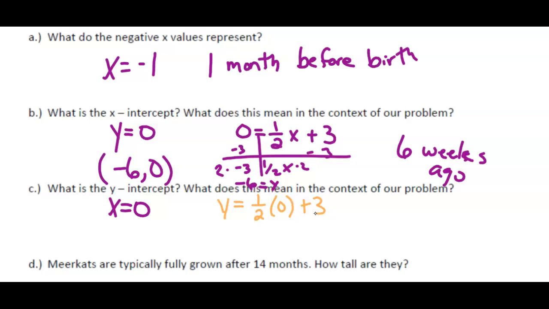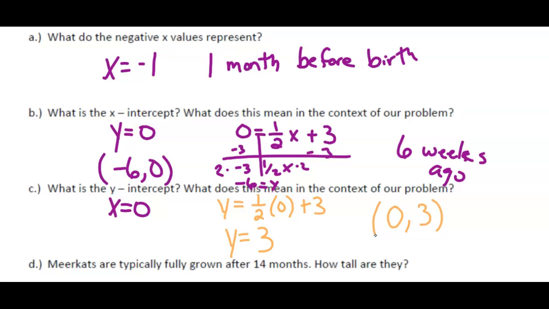What's 1/2 times 0? 0. So y is equal to 3. So when x equals 0, number of months, my meerkat is going to be 3 inches long. Okay? Number of months is 0. It's going to be 3 inches long. So that's how big it is when it's born.